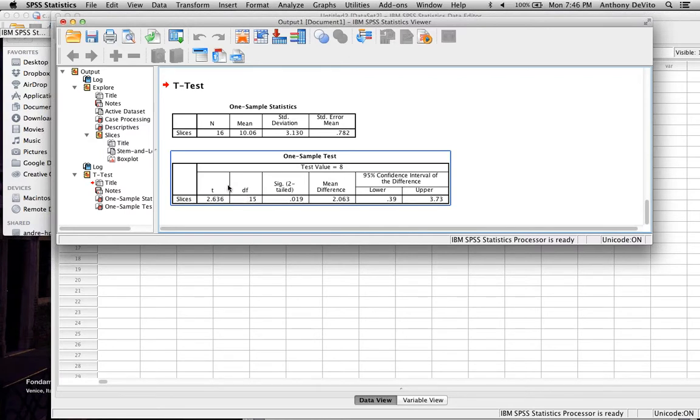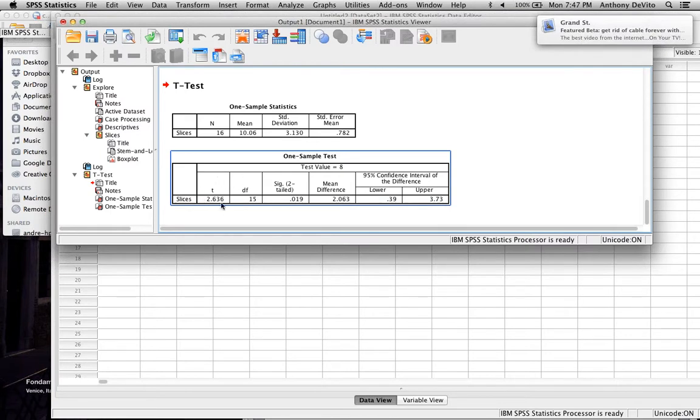My t-score is 2.636. I'm feeling pretty good, right? However, it's a relatively small sample size. How many degrees of freedom for a sample size of 16? 15. If I look up the critical t value for 15 degrees of freedom, what's that? 2.13.